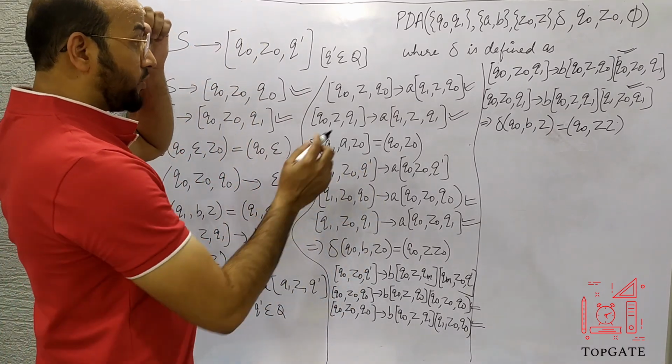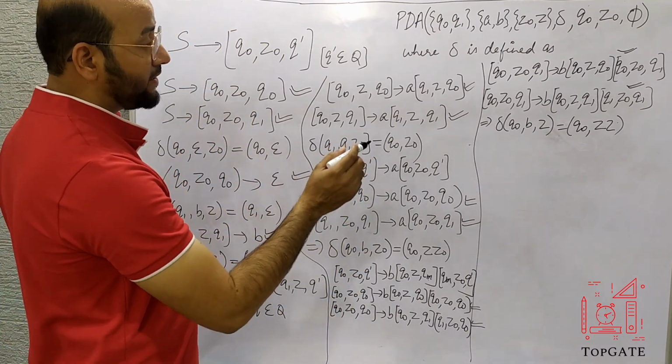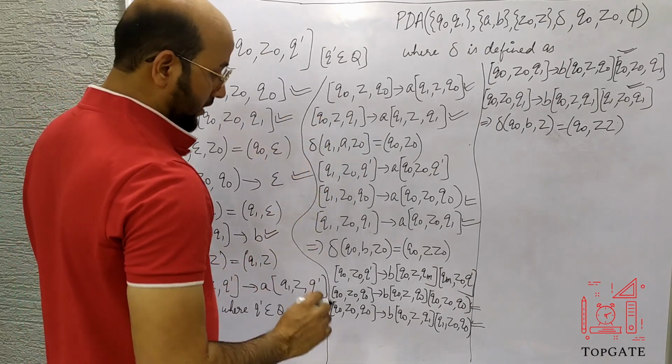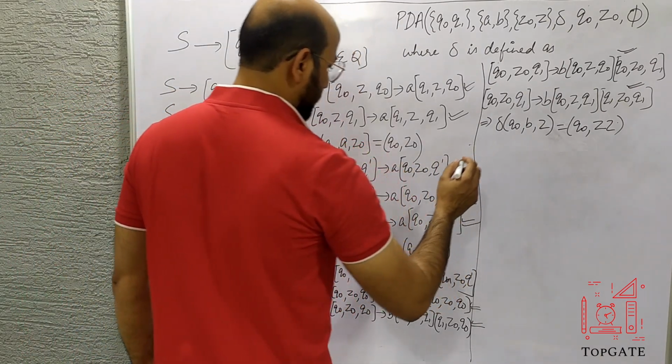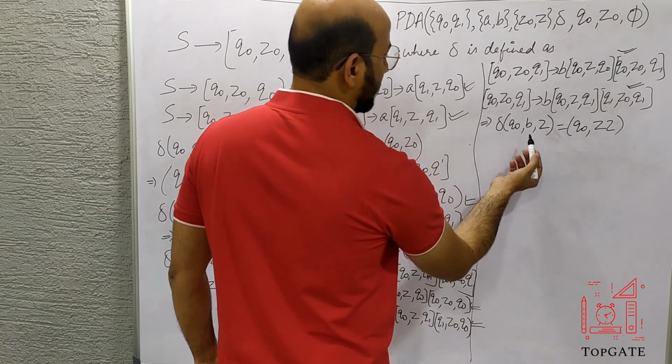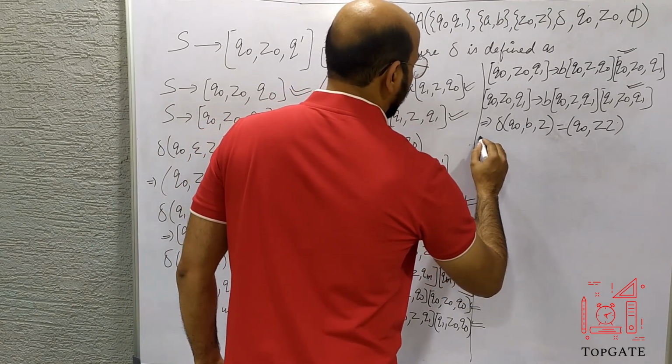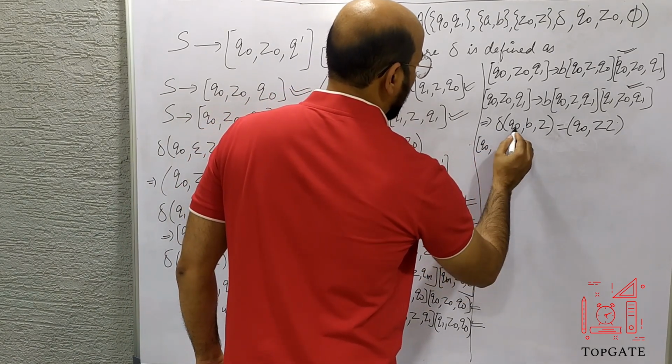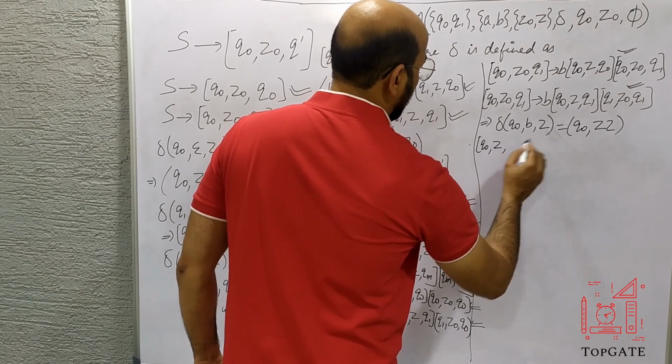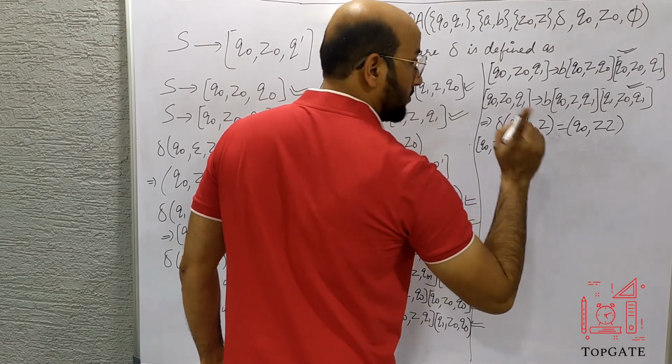Okay, so we have this operation for the push. Now I'll again write the rule for this one. For this one also, how many rules will I get? I'll get 4 rules again. So let's define the rules for this one also. How will we define it? Again the same method will apply, that is (Q0, Z, Q').